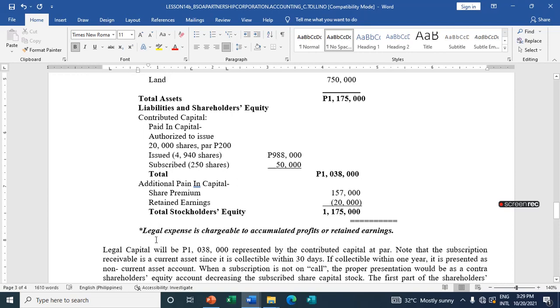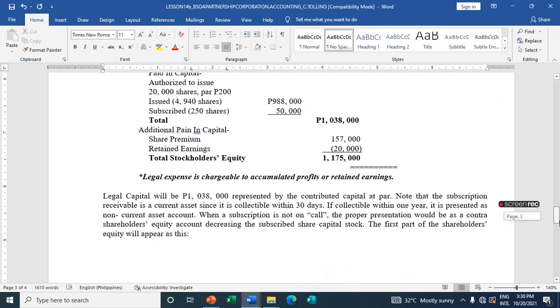Legal expense is chargeable to accumulated profits or retained earnings. That is why the legal capital will be 1,038,000, represented by the contributed capital at par. Note that the subscription receivable is a current asset since it is collectible within 30 days.